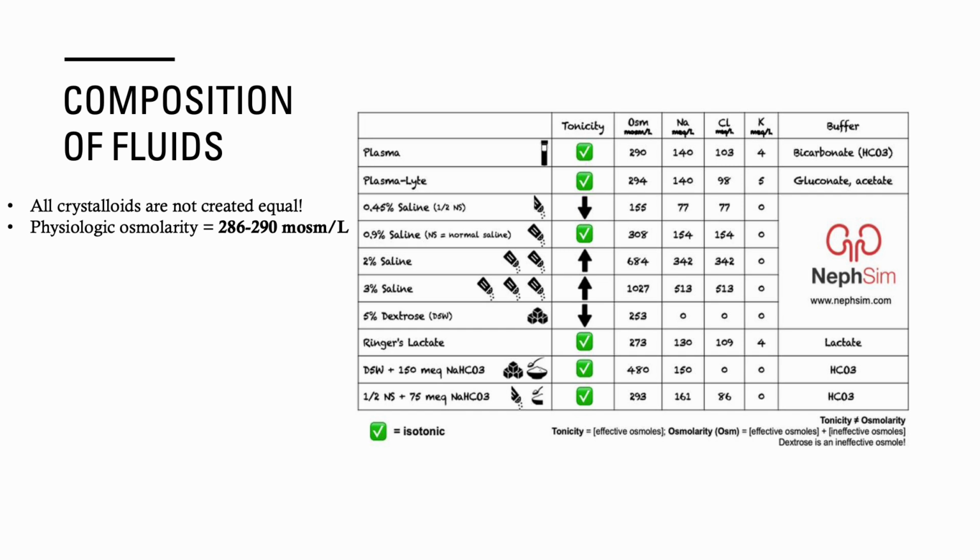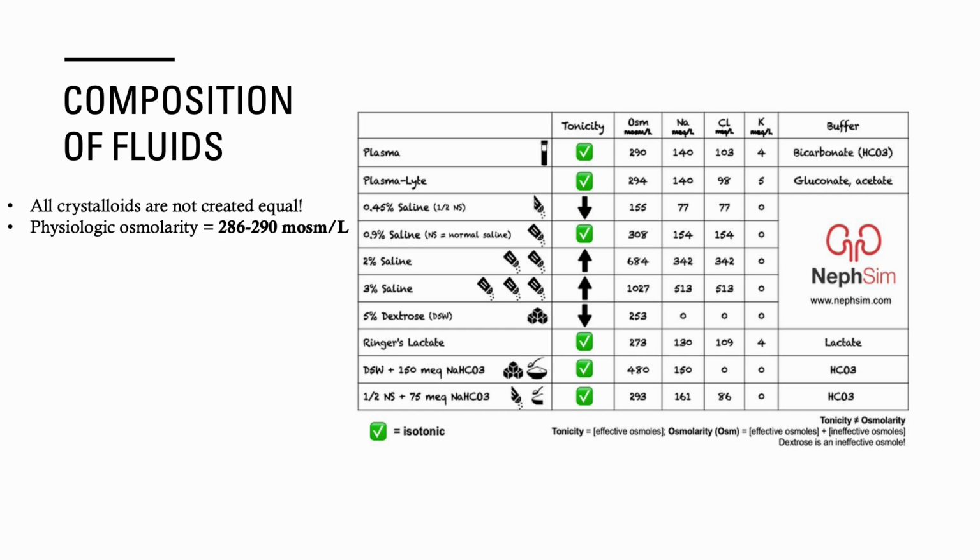The key thing to think about when selecting a fluid is that our physiologic osmolarity falls somewhere between 286 to 290 milliosmoles per liter. And the chart that I've put over here shows the main components of a lot of the fluids and how that relates to physiologic osmolarity.